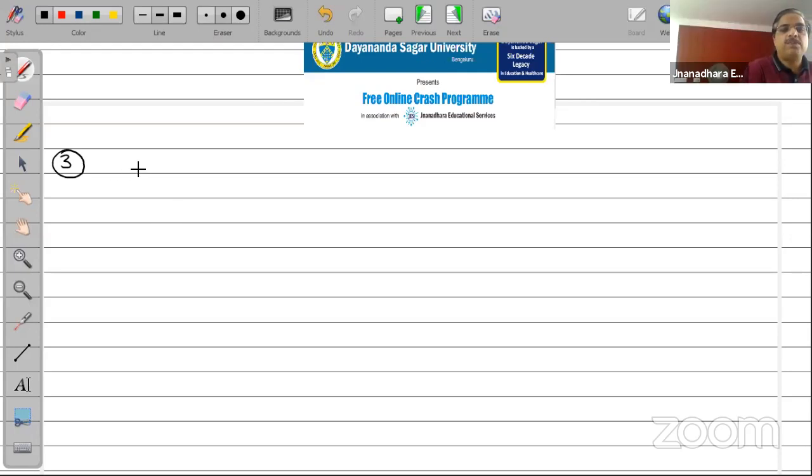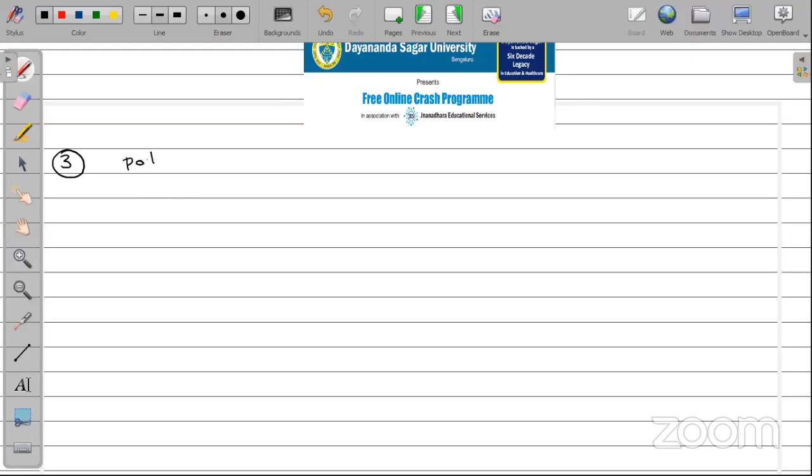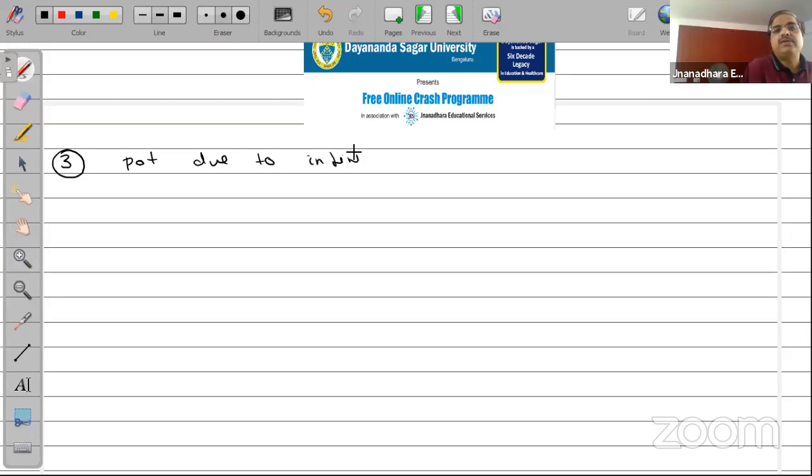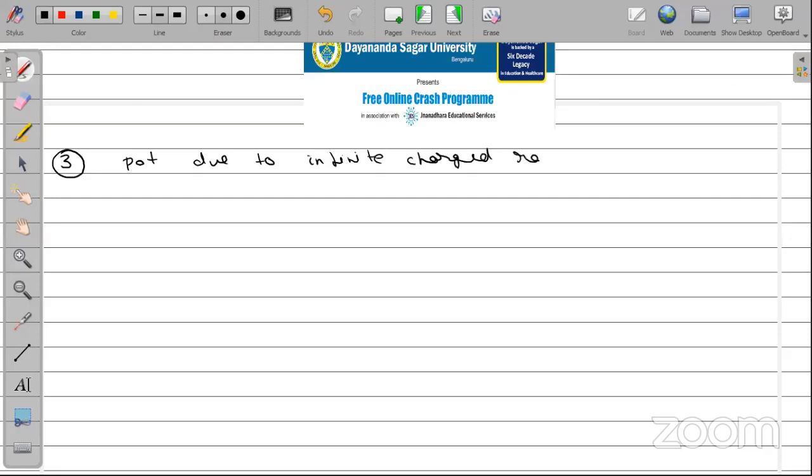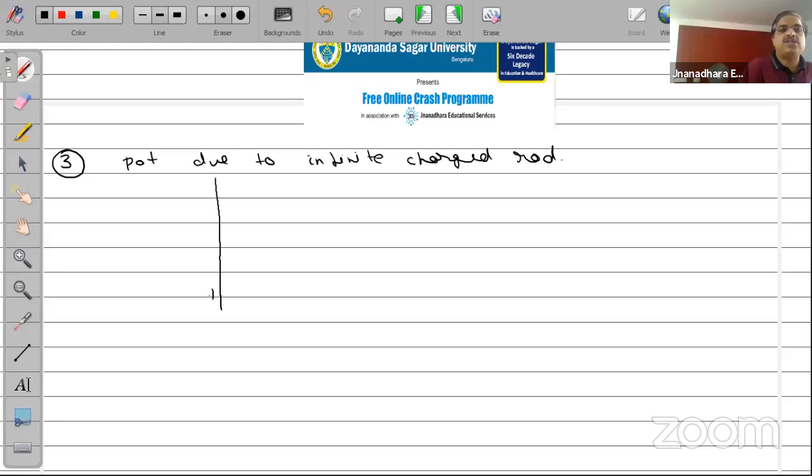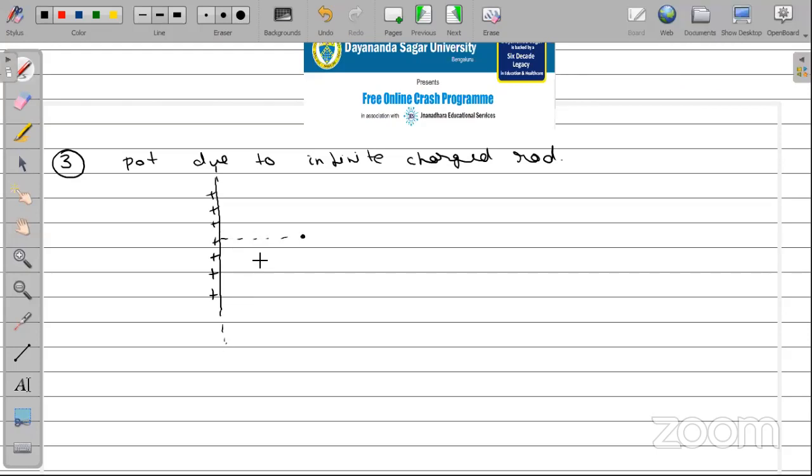Let's see what is the potential due to an infinite charged rod. I have an infinite charged rod here having charge Q, and you have the distance R like this.